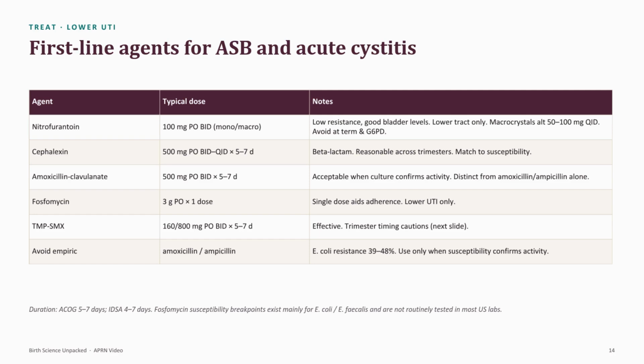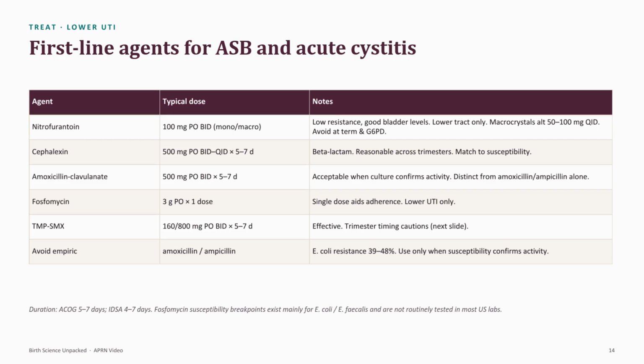I wanted to mention that for nitro, there is either monohydrate or macrocrystal, which is sold as Macrobid. The typical dose is 100 milligrams PO BID, and the macrocrystal form is 50 to 100 milligrams 4 times daily.